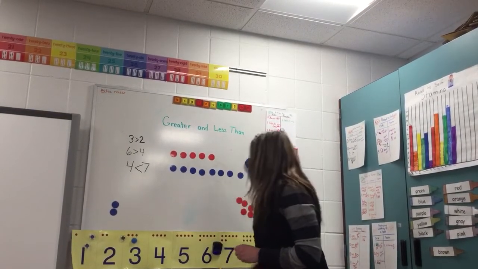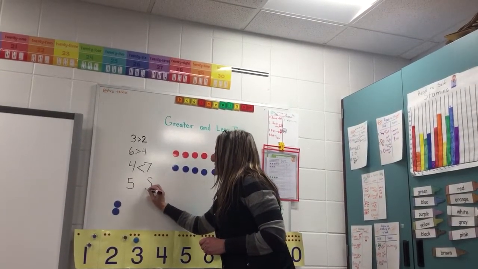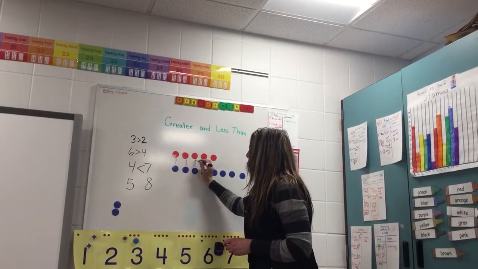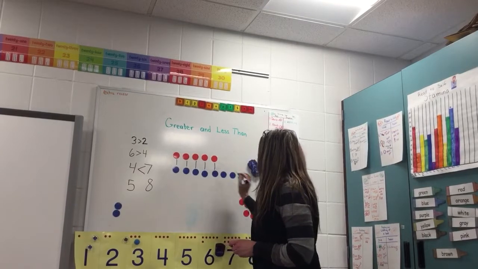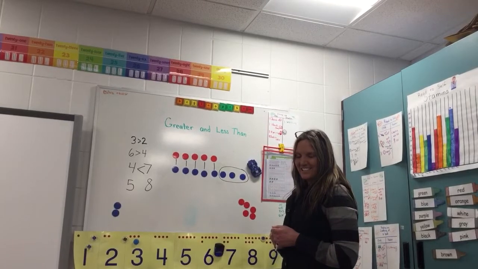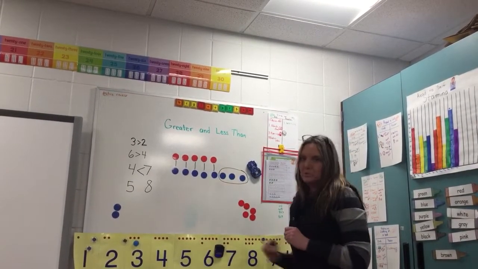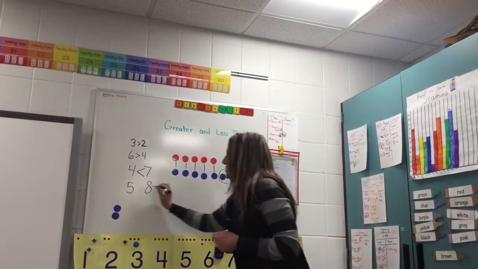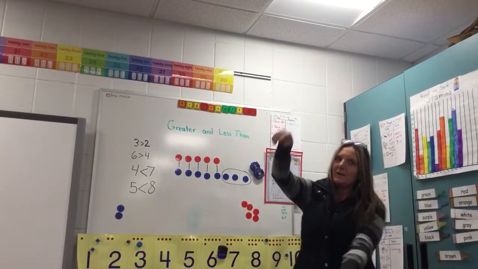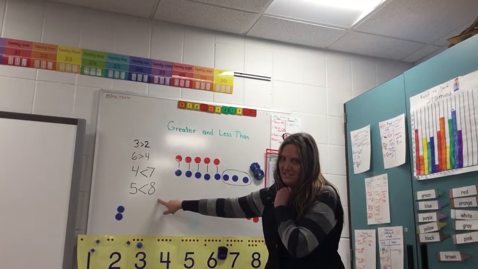I'm going to write down my numbers. 5 was the first one and 8 was the second, leaving room for my sign. I match them up. And I can circle those extras. Ooh, looks like the same as the last one. Which one is greater, the red or the blue? I have more blues, so it's greater than. Alligator, alligator, sitting in the swamp. How many pizzas do you want to chomp? 8 pizzas.